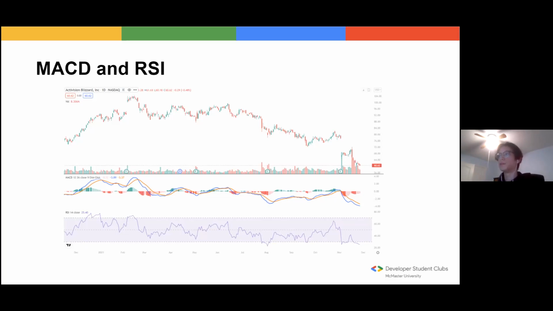In this example, we are pairing MACD with another technical indicator called RSI, which stands for the Relative Strength Index. What the RSI measures is recent price changes, and it evaluates whether a stock is overbought or oversold. Essentially, by pairing together additional indicators, you can increase the likelihood of making the right decision on the stock market.